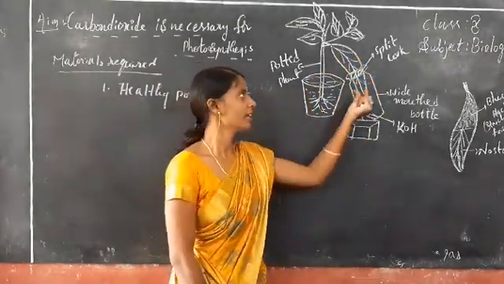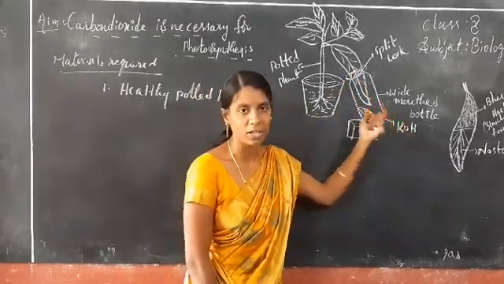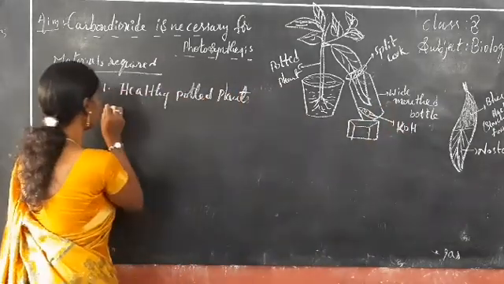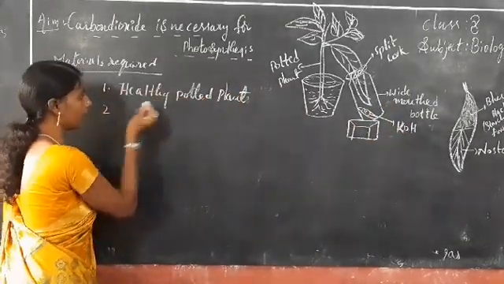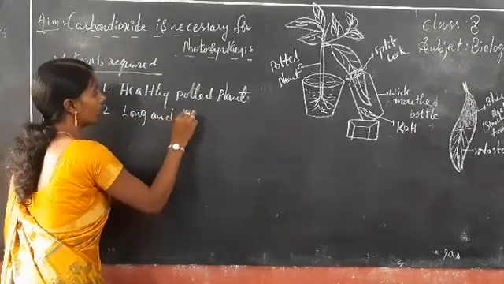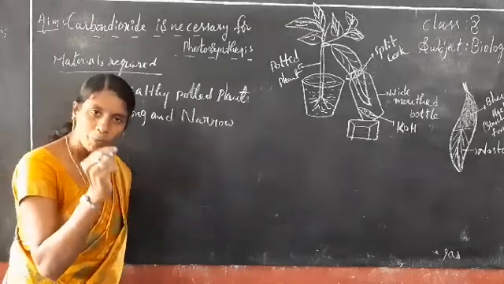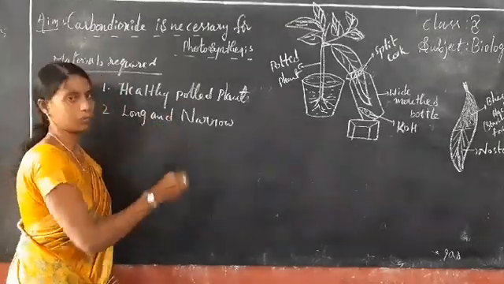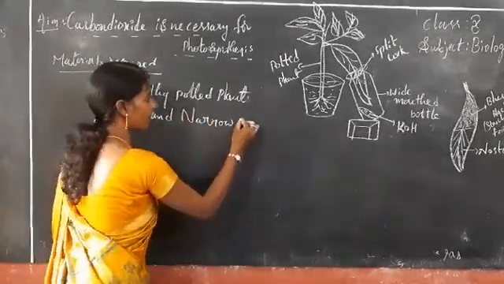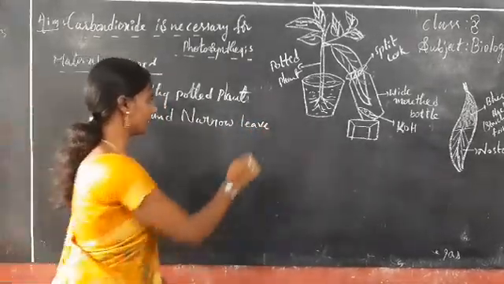Why? Because we are inserting this leaf inside the transparent bottle. That's why we select one leaf from the healthy potted plant, a long and narrow leaf. It's a very important, simple technique if you are doing this experiment. Narrow leaf, we have selected that.